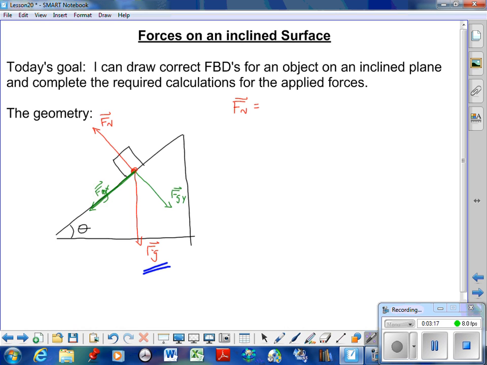All right. So that being said, we just need to start breaking gravity into its components. So here's where the fun begins, our geometry. I know this angle here is theta. I know that the force due to gravity would make a right angle with that. So this angle up here would be 90 minus theta. Okay, that's how you'd find that unknown. Now, force due to gravity y is perpendicular to that surface, which means that it's 90 degrees.